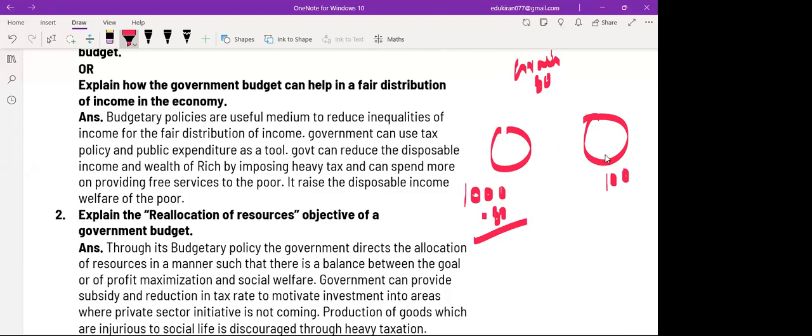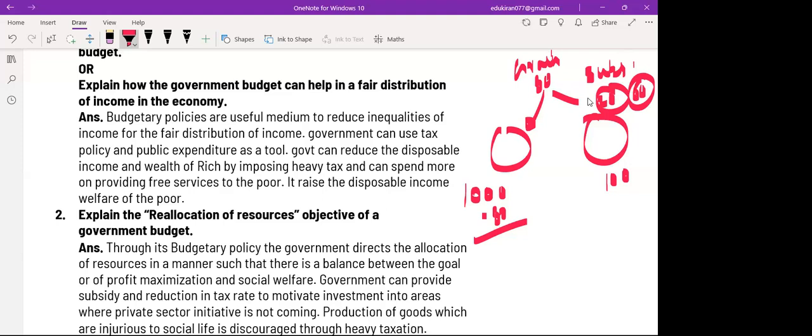But for the poor person, it is a big deal. So now government basically does the fair distribution. Government will give the grains to the rich person at the 80 price, but for the poor person government will give subsidies. You will get these grains for 20 rupees only. The rest of the money, the 60 rupees, will be paid by government. He only needs to pay 20 rupees. So that there is a fair distribution of income.